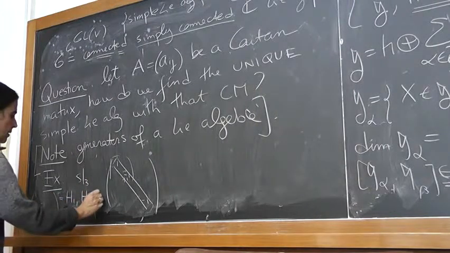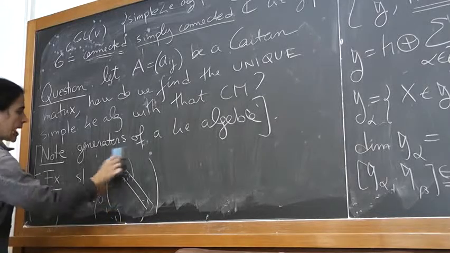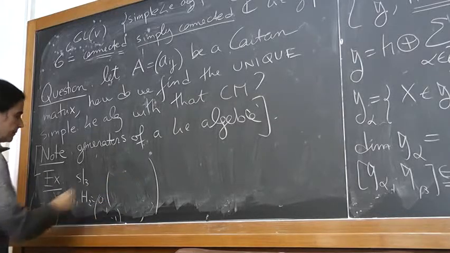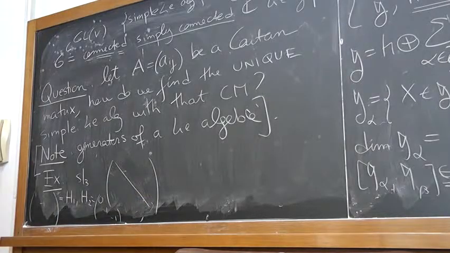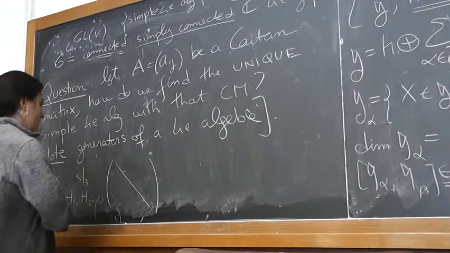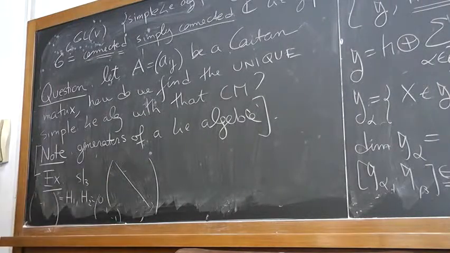H2 is 0, 1, minus 1. So you take a basis for the diagonal, okay? Fine. So there is the diagonal, this is the Cartan. You have to take a basis of two elements, because I remind you that the trace is 0, so it's enough you give two elements.